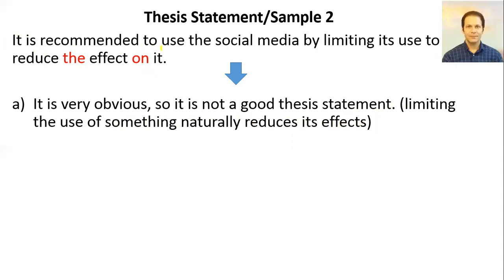So when I say that we use social media by limiting its use to reduce the effect on it, which is actually wrong, it should be its effect here, then of course it is something very obvious and clear. So this is not a good thesis statement.